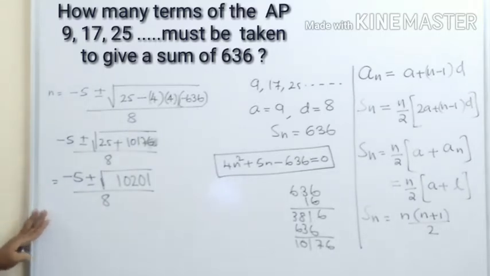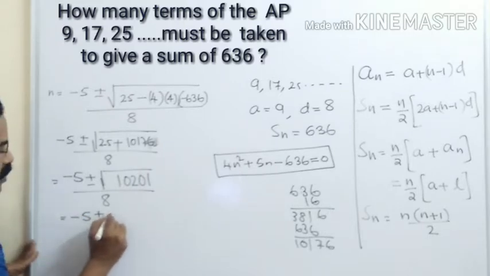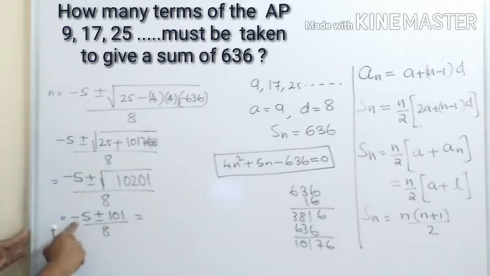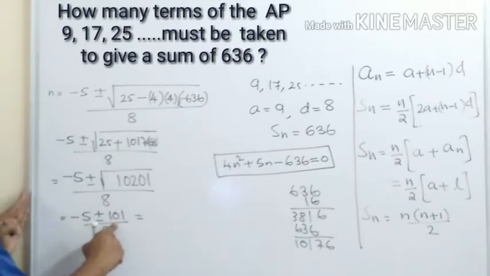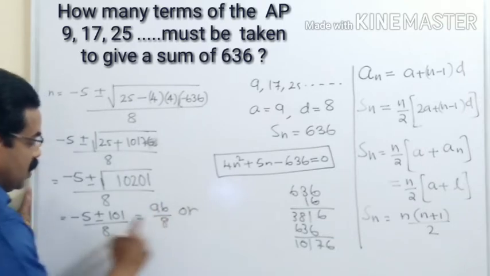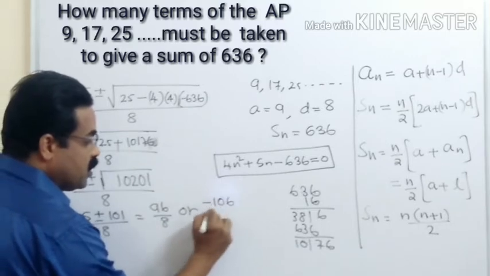That is 101. So this will become minus 5 plus minus 101 divided by 8. So minus 5 plus 101, that is 96 by 8, or minus 5 minus 101, minus 106 by 8.